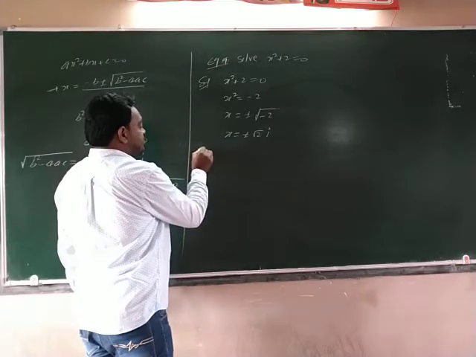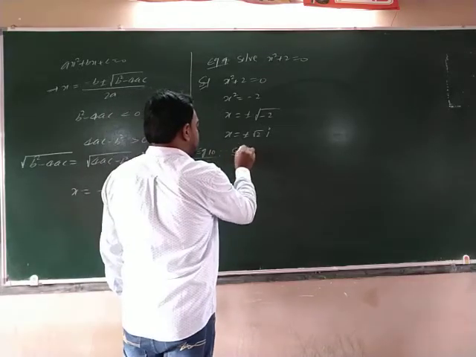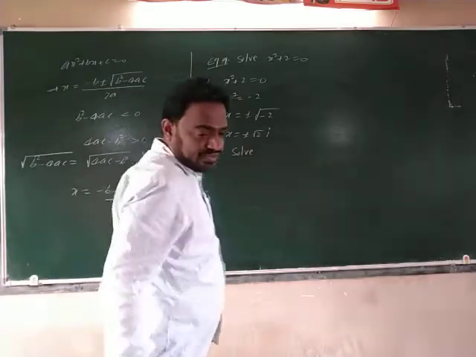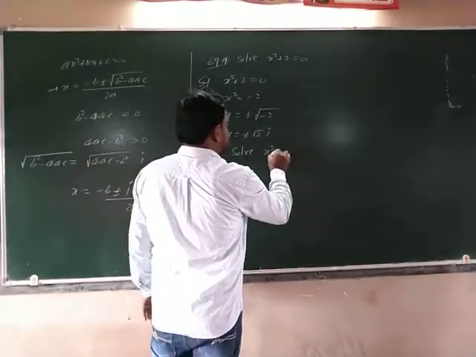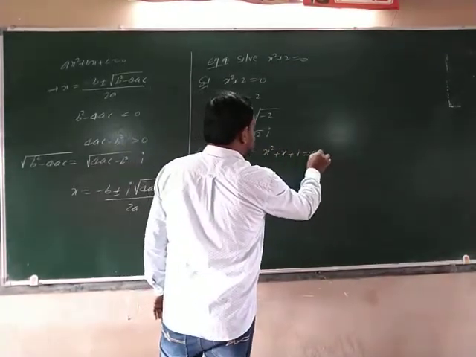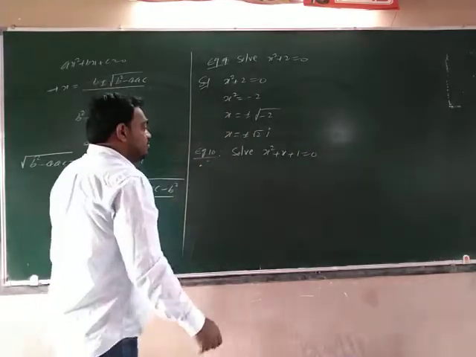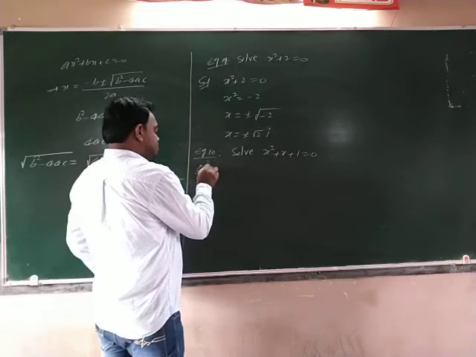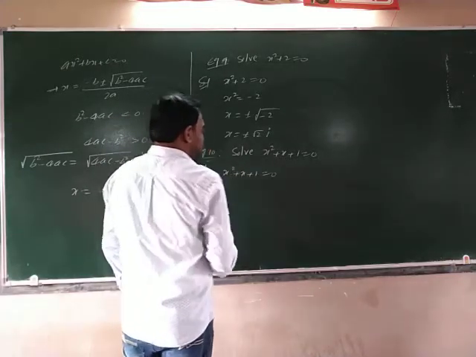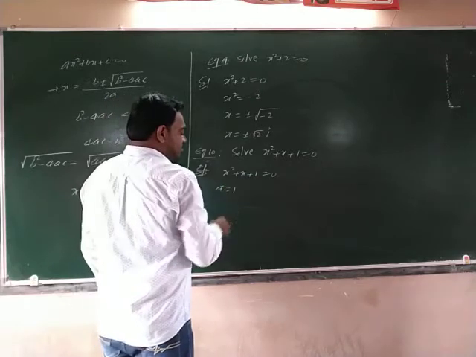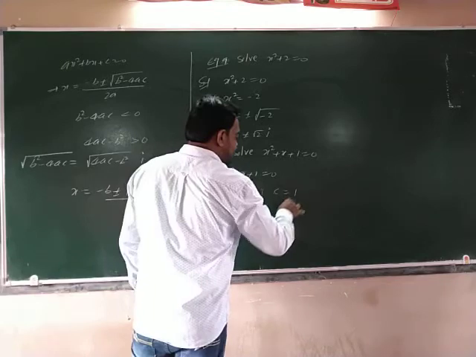Next, example 10: solve x² + x + 1 = 0. Here a is the x² coefficient, 1. b is the x coefficient, 1. c is the constant, 1.